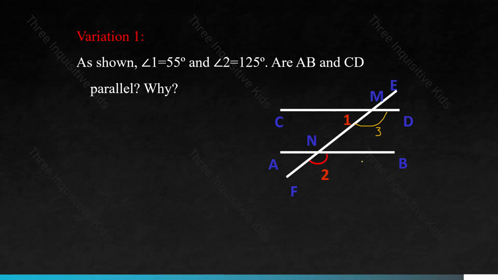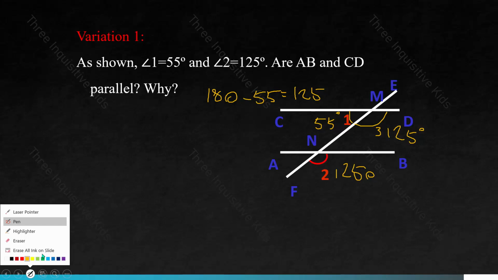We know that CD is a straight line, which also means it is a 180-degree angle. If angle 1 is equal to 55 degrees, then we could do 180 subtract 55, which is equal to 125. Angle 3 would have a measure of 125 degrees. And since angle 2 is also 125 degrees and angles 2 and 3 are corresponding angles, we know that lines A, B, and CD are still parallel.